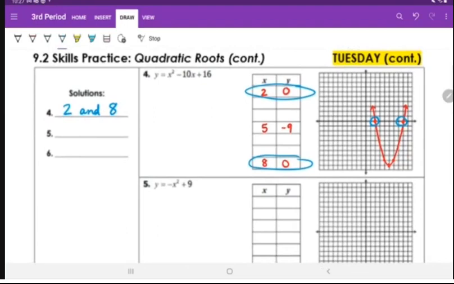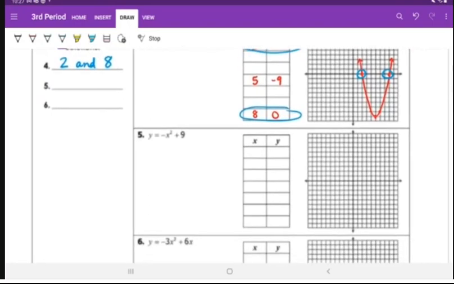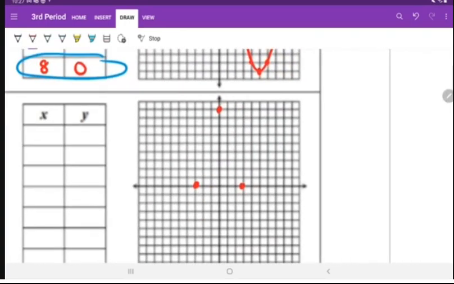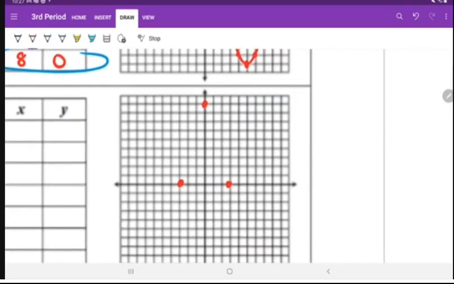Any questions about number 4? All right, for number 5, we put this into our calculator. We take a look at the graph. My graph looks like this. So there's a parabola that faced down.